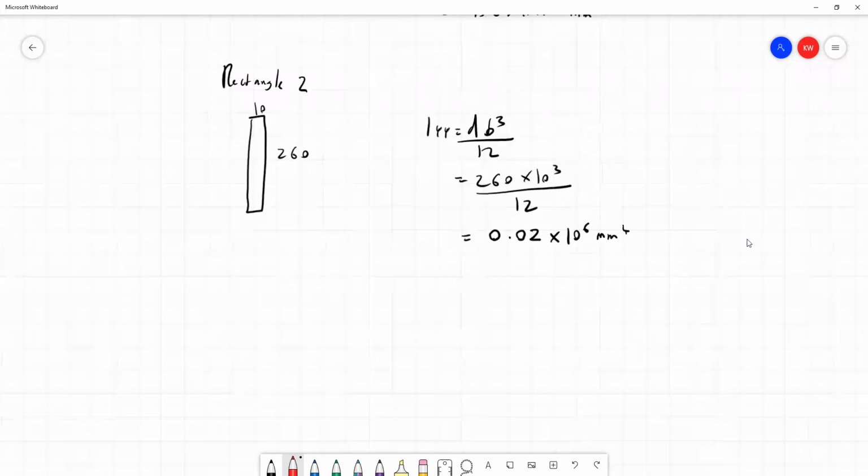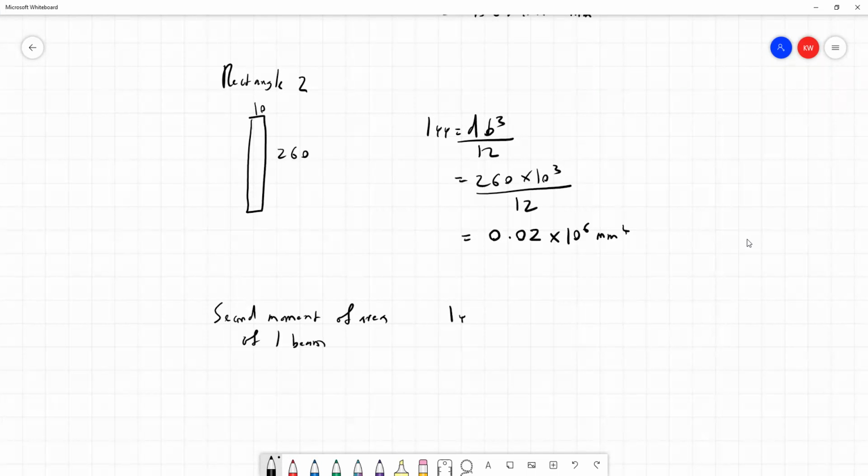And so again, we can add our 3 rectangles together to get the second moment of area of the I-beam. It's about the y-axis.